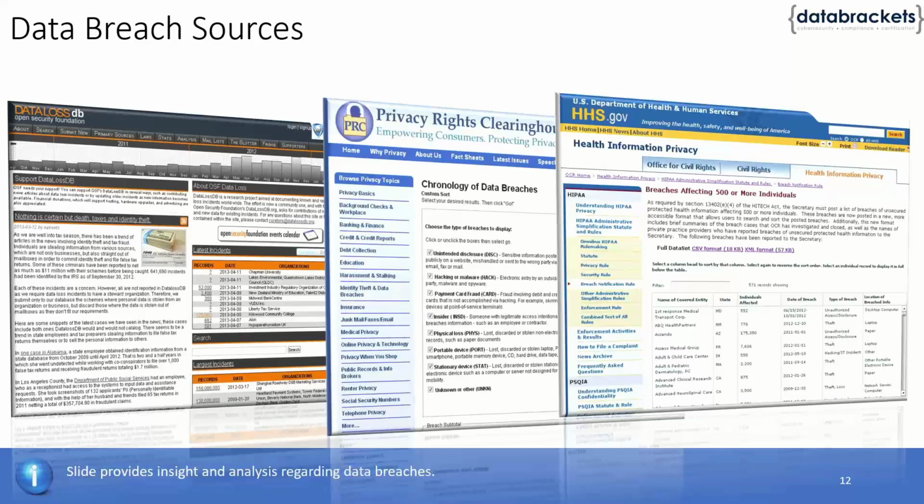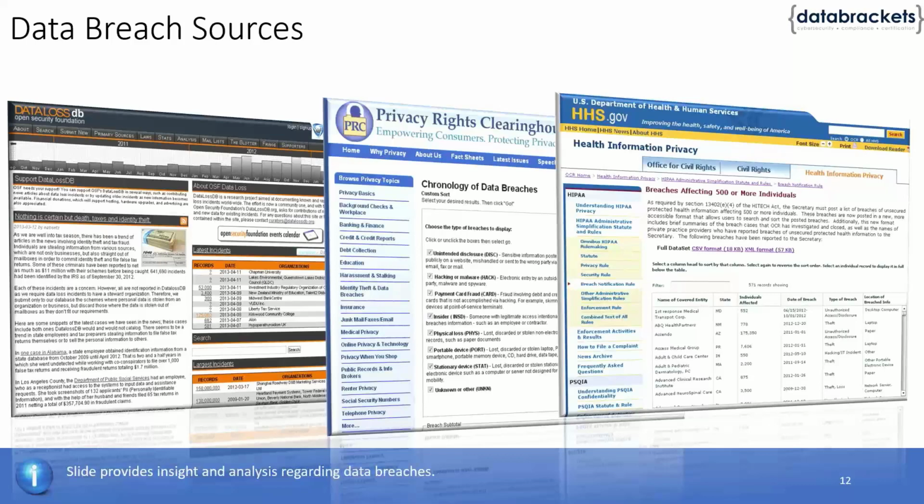There are a lot of sources if you want to learn more about what is happening in the industry, what kind of data is being breached, and the sources of the data breaches. So Data Loss DB, Privacy Rights Clearinghouse, and even HHS have a very nice portal where they publish all the reported data breaches by the individual entity.